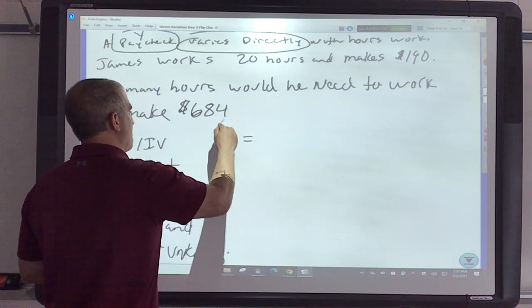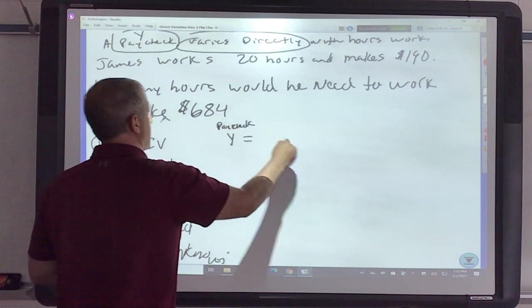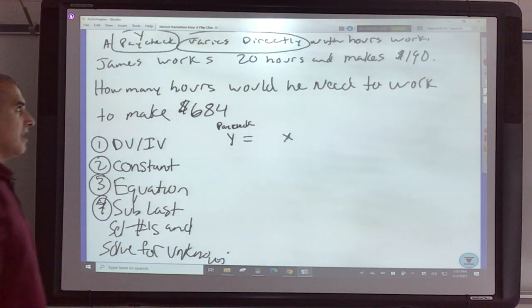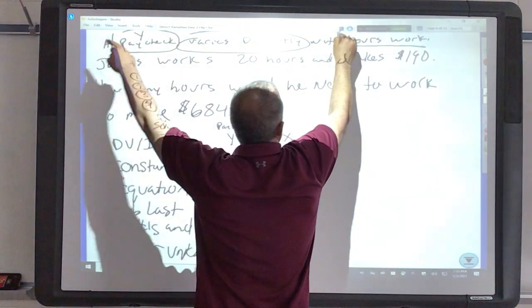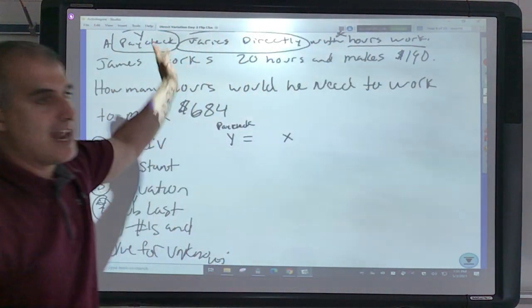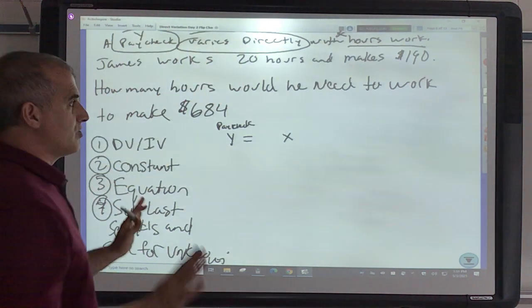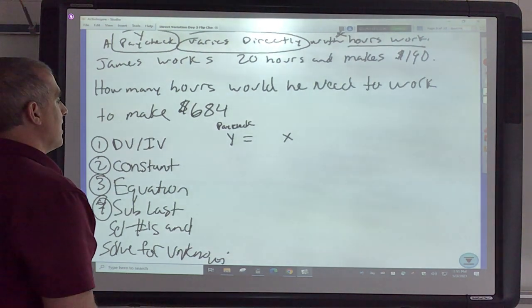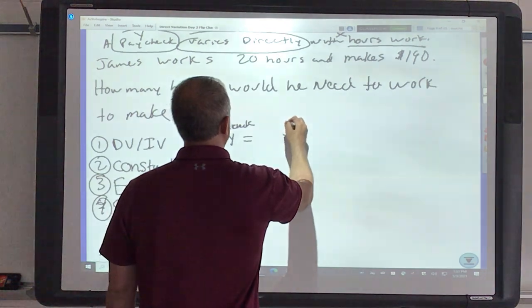So I'm going to write y, and I'm going to write pay over it, paycheck. The other side, because it's direct variation, will be x. And x is hours worked. So it's always y, then x. Y, then x. Especially with direct variation. That's the only one that's tricky. The other one's really not that bad. Now, that's going to be hours.